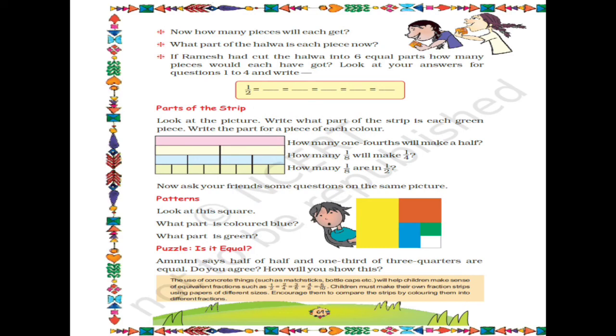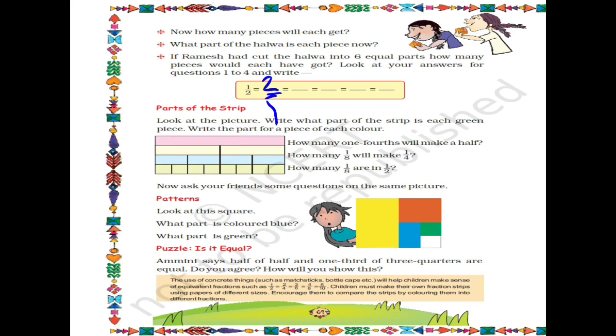Now next question: look at your answers for questions 1 to 4 and write. Now look at the answers which we got from 1 to 4. We have to look at them carefully and then complete this. So first Ramesh divided the whole into half, so it will be 1/2. After that he further divided it, so we will write here 2/4.